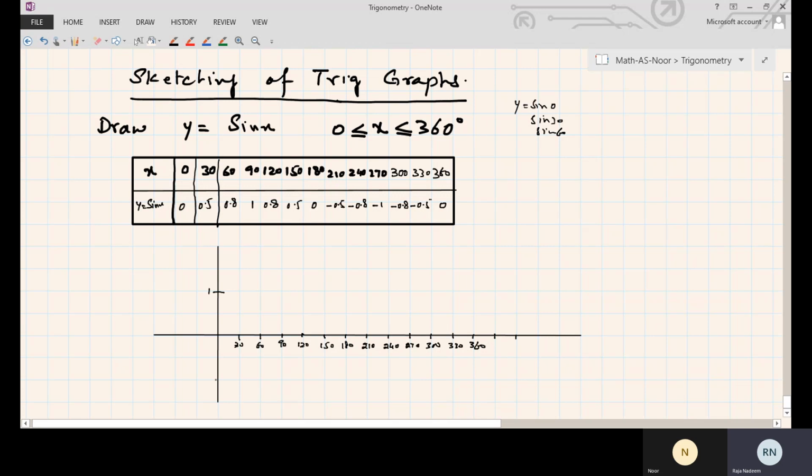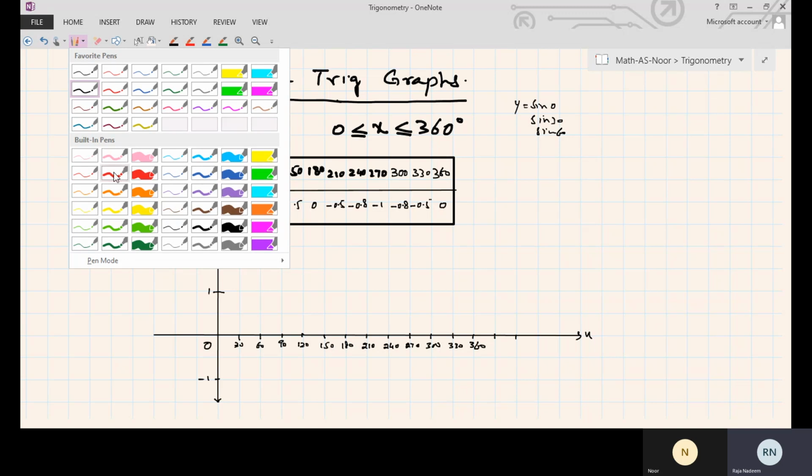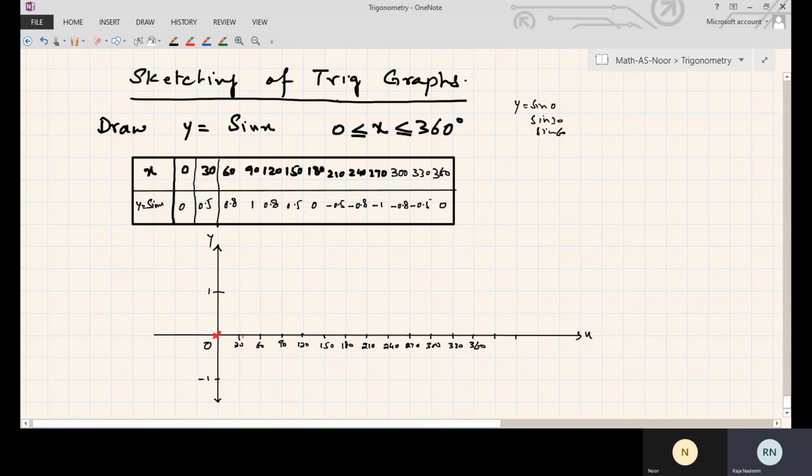This is 1 and this is minus 1. This is the x-axis and y-axis, and this is the origin. 0, 0.5, 0.8, 1, this, and this. Minus 0.5, 0.8, 270 minus 1, this, and this.